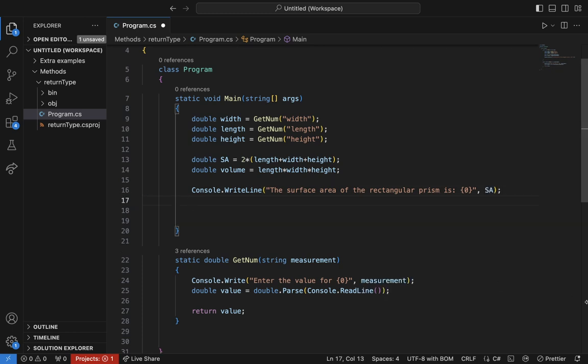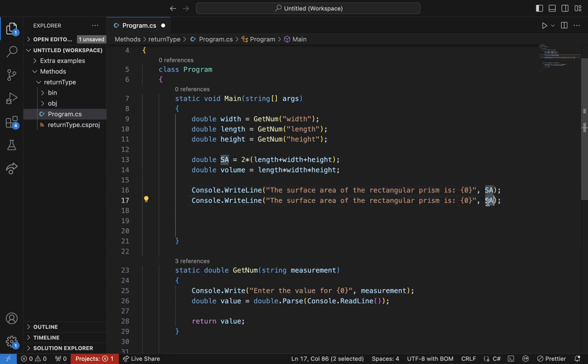And then we do one for the volume. So this will be volume, and instead of surface area we say the volume of the rectangular prism is that.